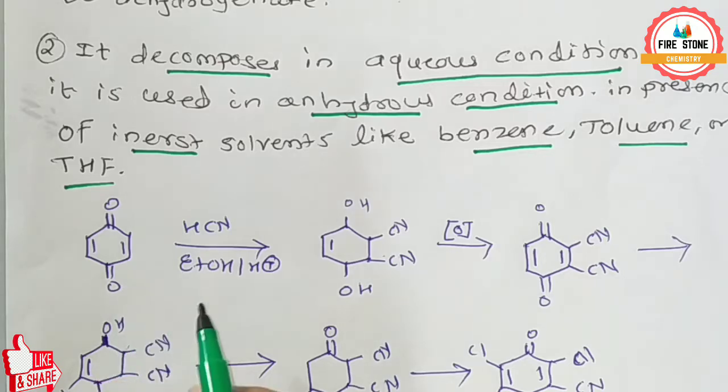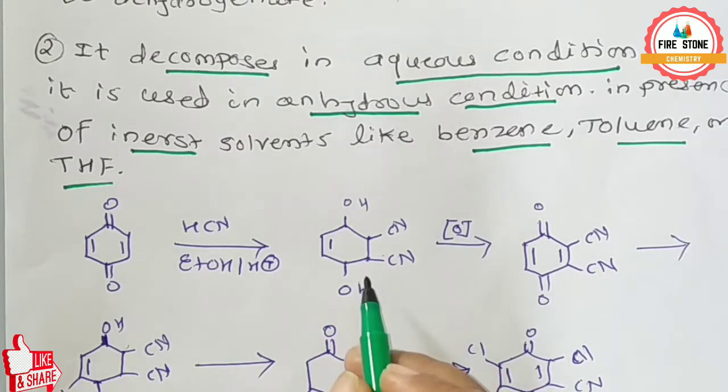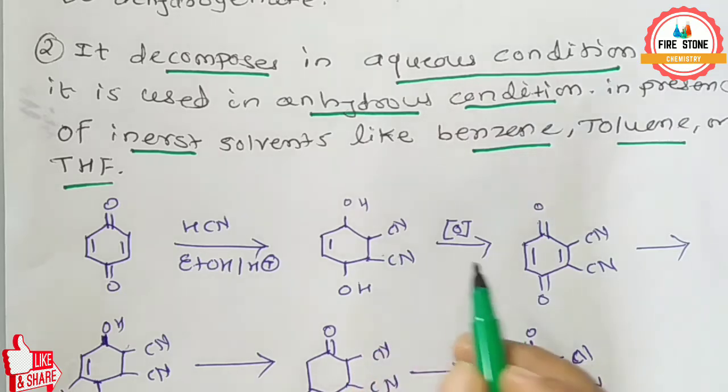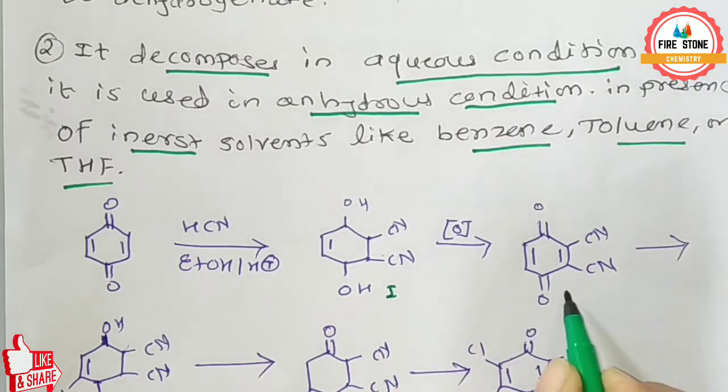So quinone, in the presence of HCN, EtOH and H+, gives this intermediate, that is compound first, which on oxidation gives compound second.